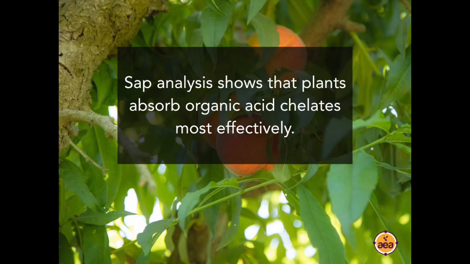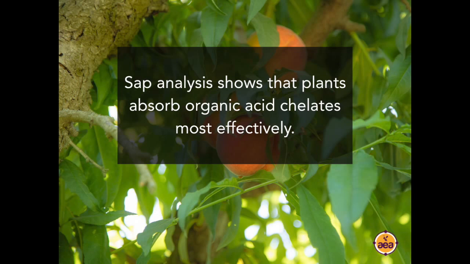Should we look at EDDHA, which is also another synthetic chelation agent commonly used for iron? And since we've started using plant sap analysis in 2011, one piece has become really clear about managing these trace minerals. It is obvious that plants absorb the organic acid and the amino acid chelates far more effectively and far more efficiently than they do the synthetic chelates.